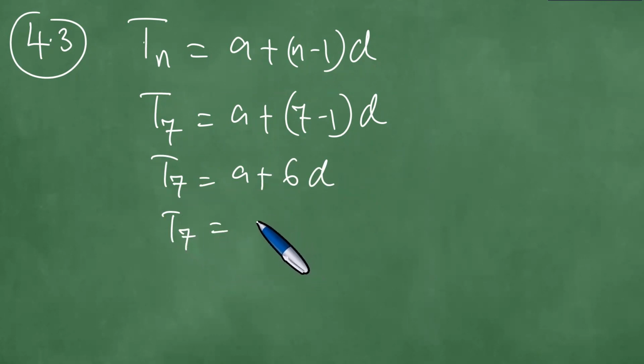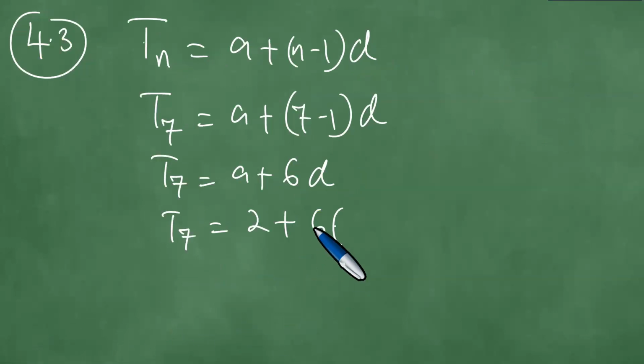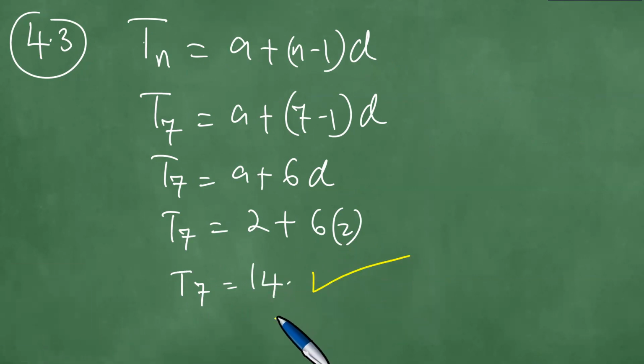What is the first term? It's 2. And what is the common difference? We got it to be 2 as well. So the seventh term is, what is 6 by 2? 12, plus 2, that means 14. The seventh term is 14.